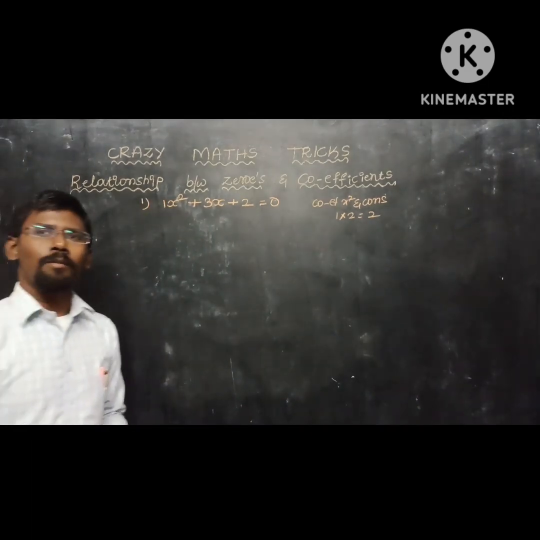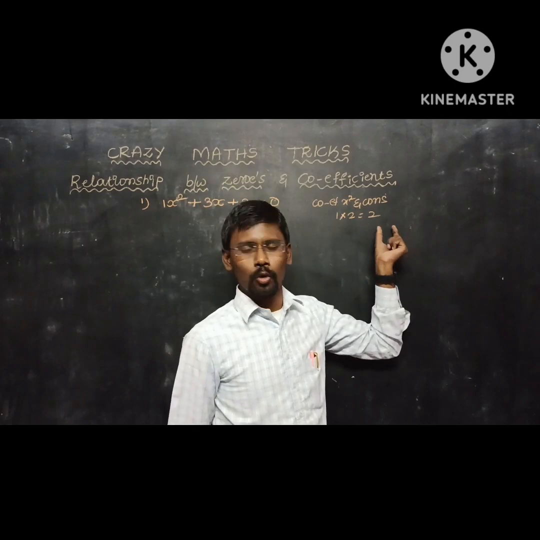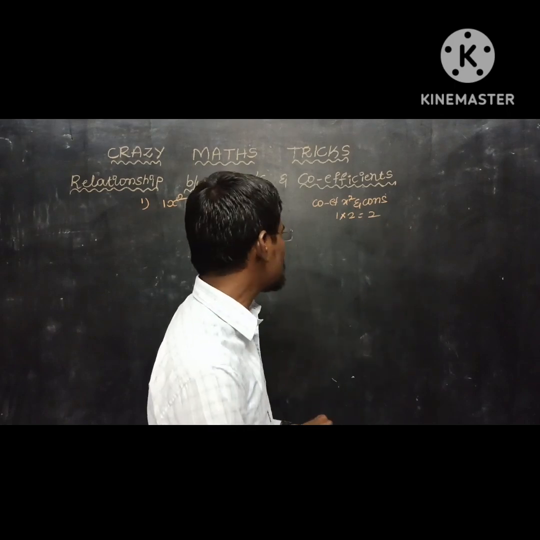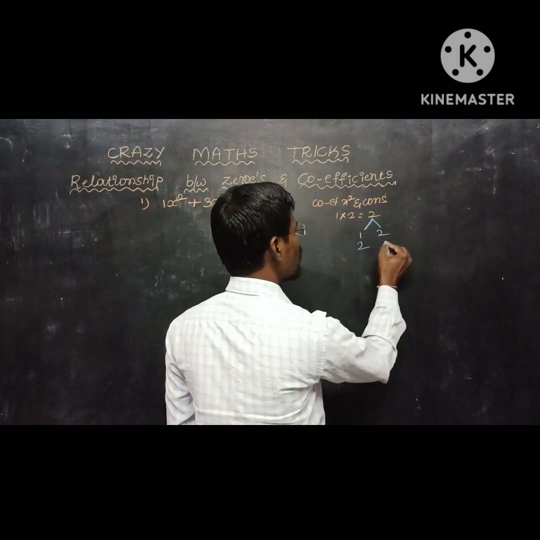In the next step, we have to find the pairs of factors of 2. What are the pairs of factors of 2? 1 and 2, and 2 and 1.